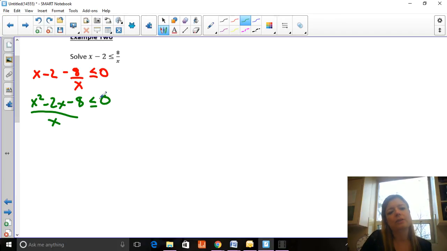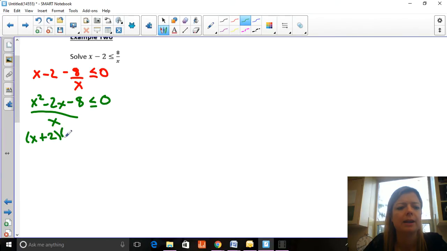Okay, now it's beneficial to factor the numerator if possible, because then we can see the zeros of this function quite easily. So in this case, that would be (x plus 2)(x minus 4) all over x is less than or equal to 0.